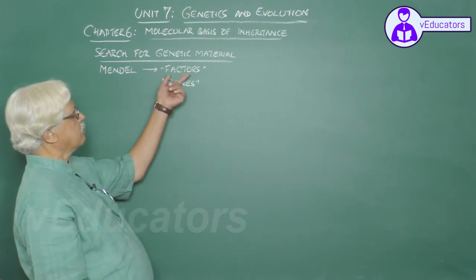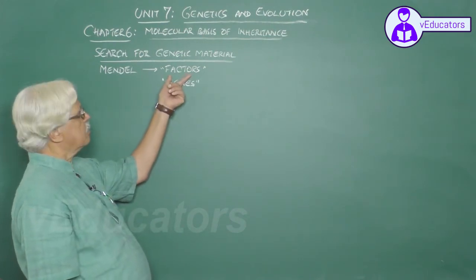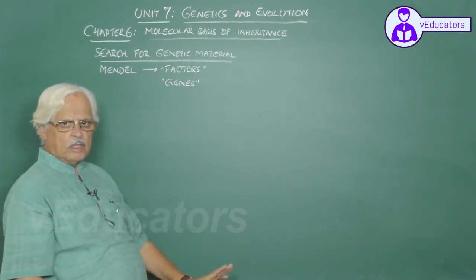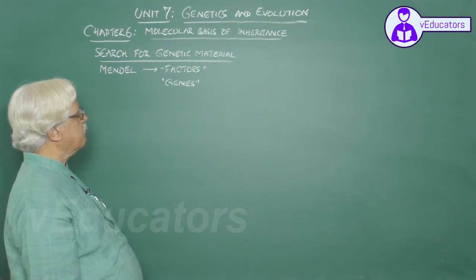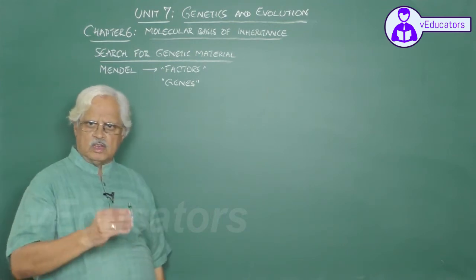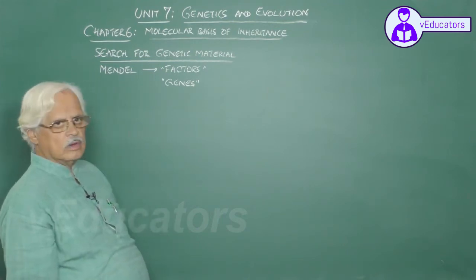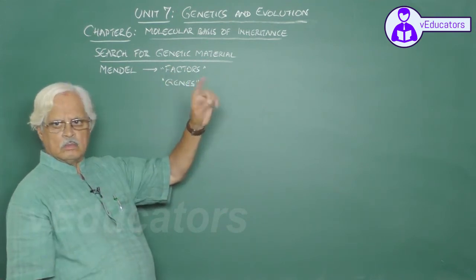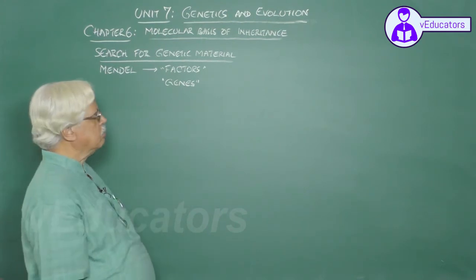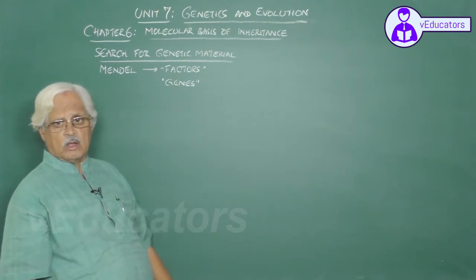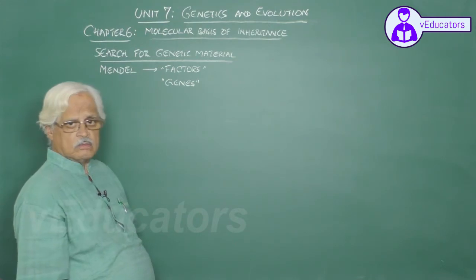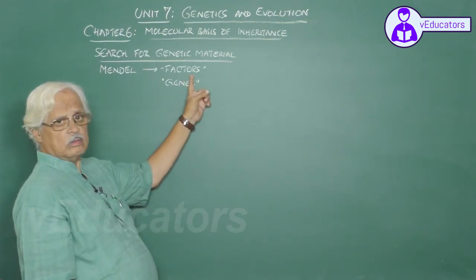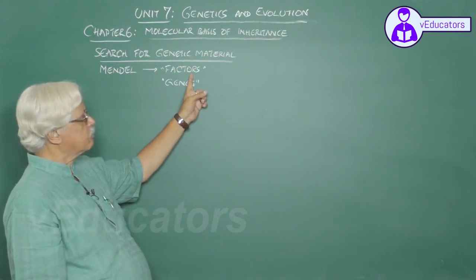But when Mendel conducted these experiments and said that certain factors are responsible, there was no idea about what that factor was, in what form it exists in the cell, and so on, because cell division was not known, formation of gametes was not known, even chromosomes had not been discovered. Therefore, nothing was known at the time of Mendel.